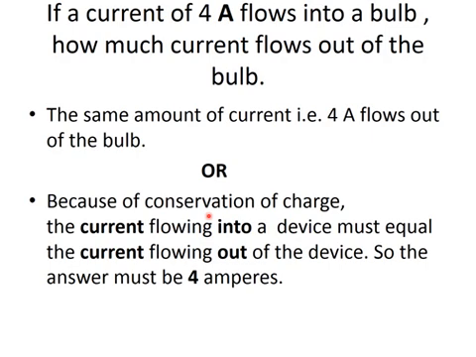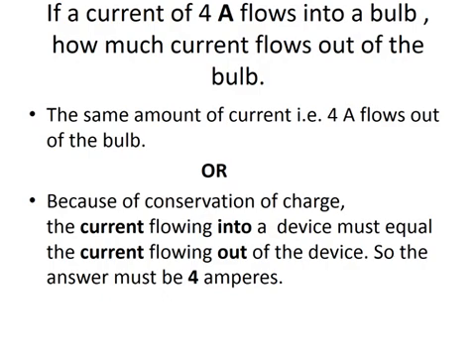This conservation of charge takes place in every electrical device and electrical circuit, or anything where you are studying charge. So the amount of current flowing in and out will be equal. So the answer is the same amount of current, that is 4 amperes, flows out of the bulb.